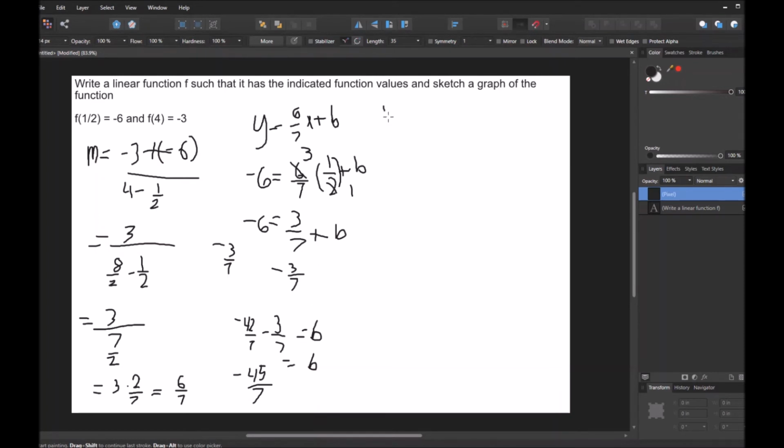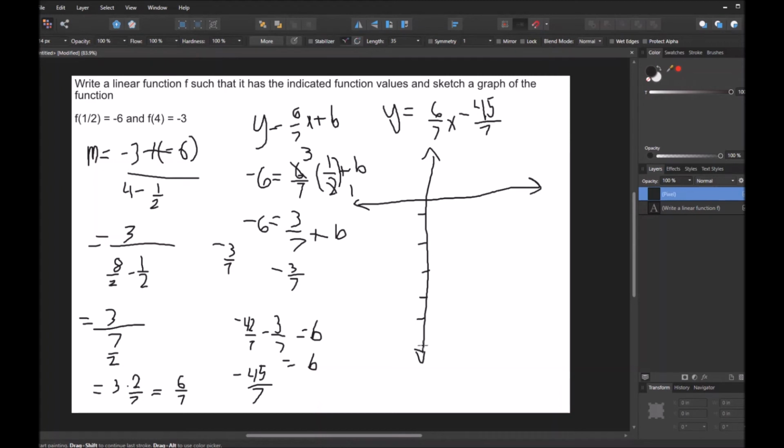So when I go to write my equation, it's going to be y equals 6/7 x minus 45/7. And if I were to go and graph this, I would have to make a really rough sketch because this is all in fractions, but it would be something like this, and I would go down just past -6, so 1, 2, 3, 4, 5, 6.